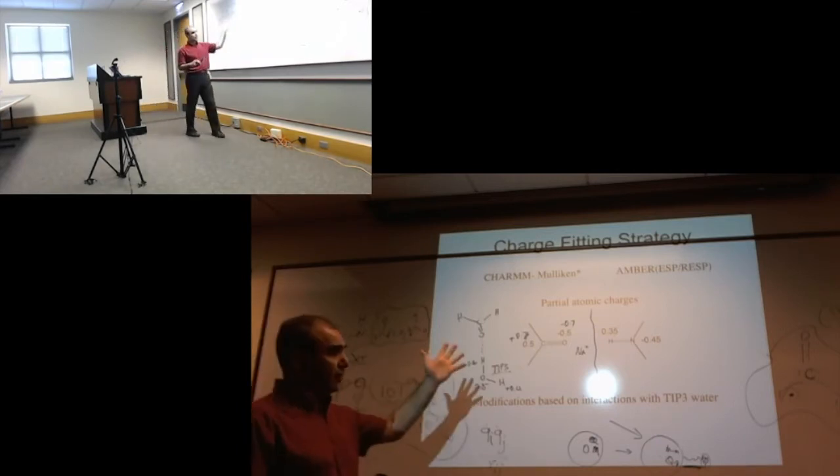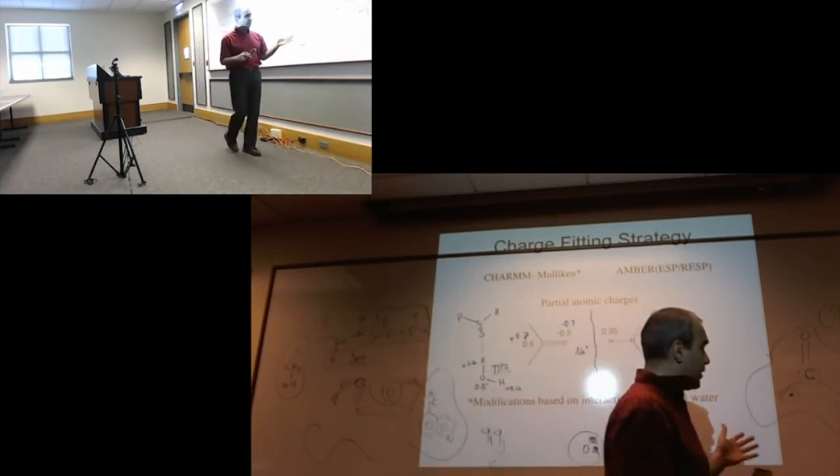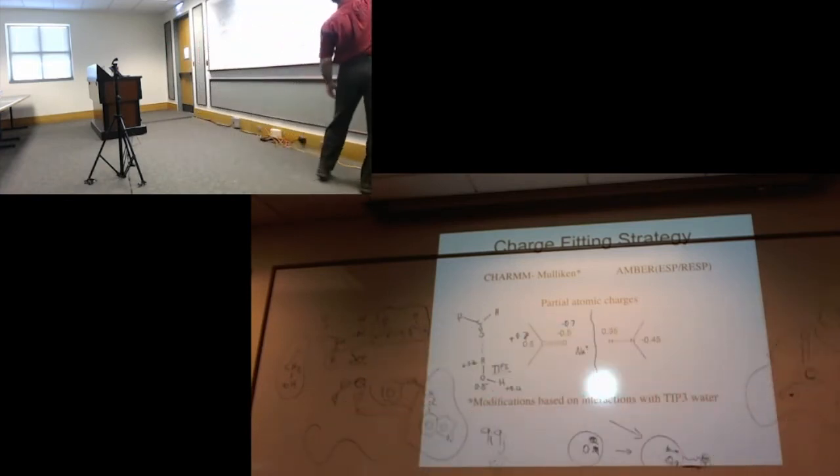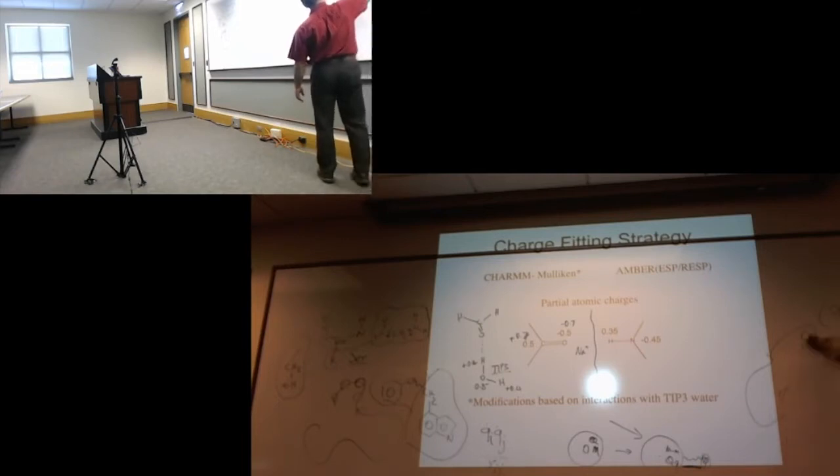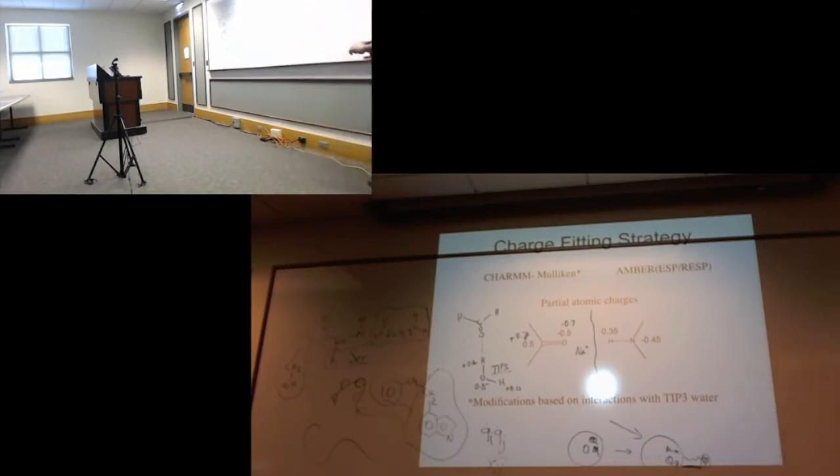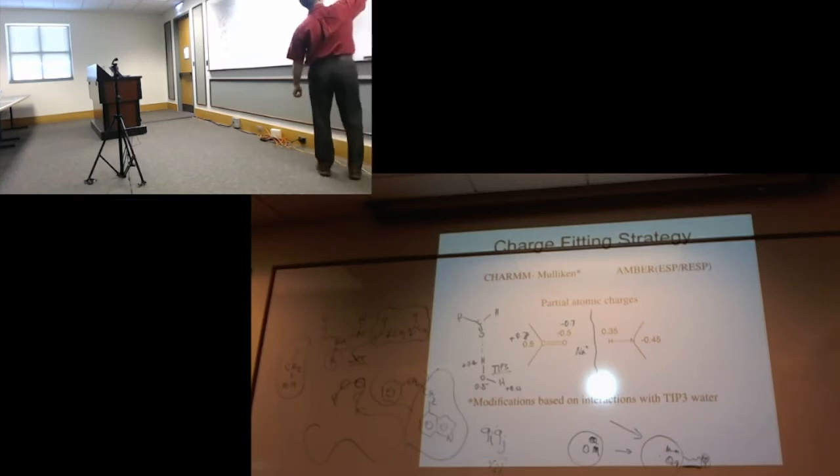Back to the conformational sensitivity of these charges. That's another issue that is very difficult to capture, because all of these charges, I told you, we are going to use a model compound to derive them. So now let's say I have a model compound for a particular problem.